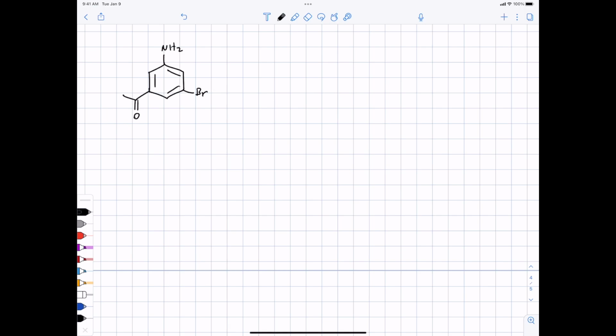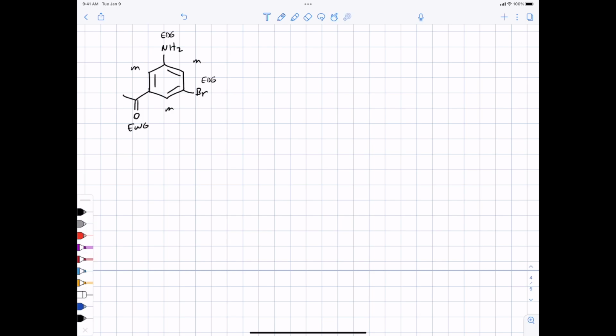Okay. Let's think strategically. You've got a donating group here, an electron donating group via resonance here, and an electron withdrawing group here. And the substitution pattern is all meta. That should make you uncomfortable, right?